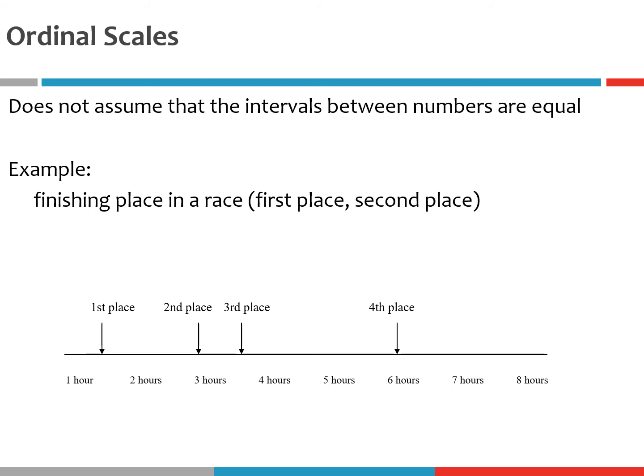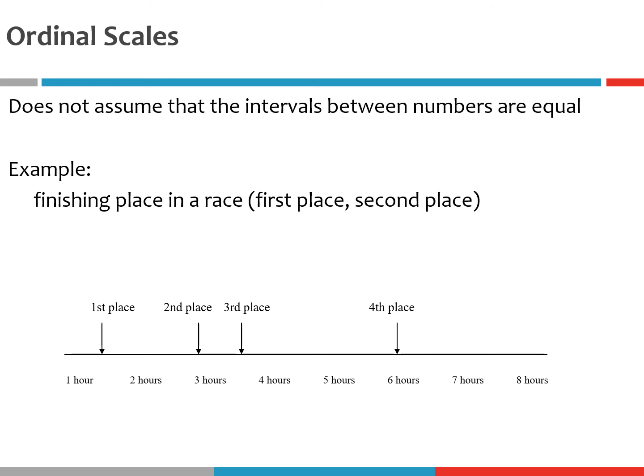But ordinal scales are organized on the basis of magnitude. They do not assume that the intervals between numbers are equal. So given our current example of the top 10 playlist, it's entirely possible that the number one song gets 300 million downloads, and the number two song gets 300 downloads, and the number three song gets 50 downloads.